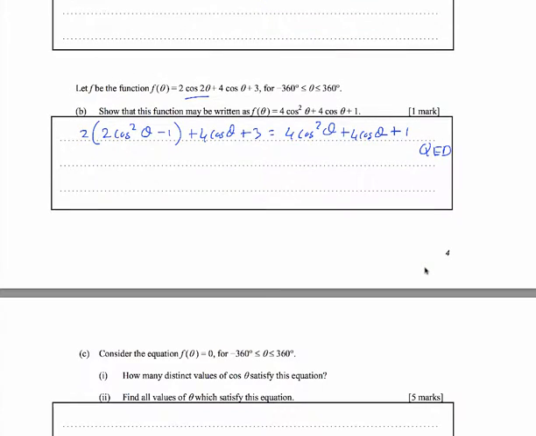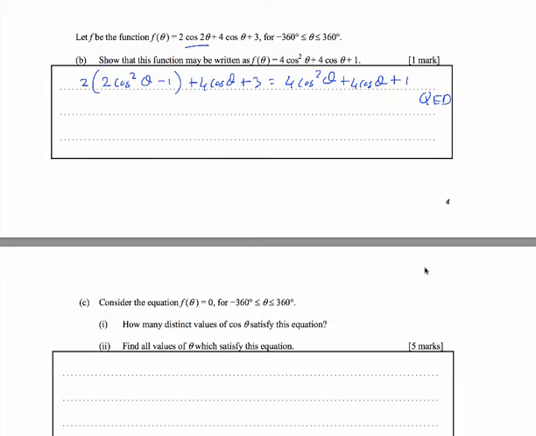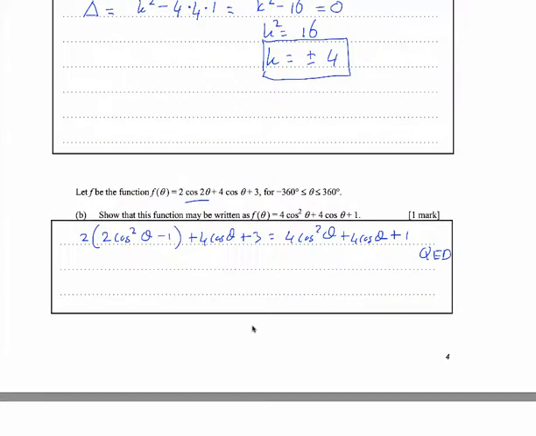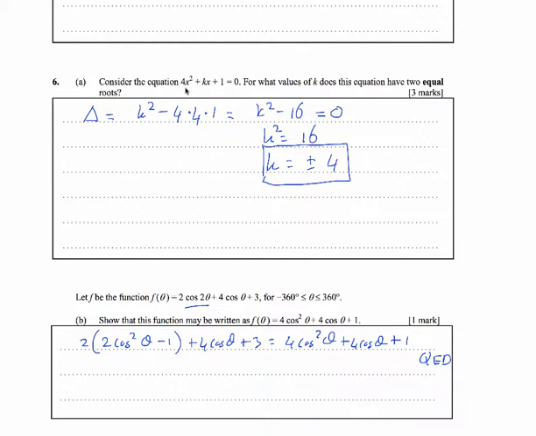Alrighty. Okay, consider f theta equals 0. How many distinct values for cosine theta does this satisfy? Now, of course, I can see that this is basically this quadratic 4x squared plus 4x plus 1.